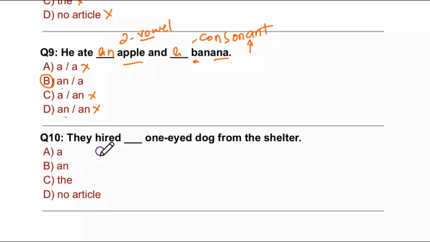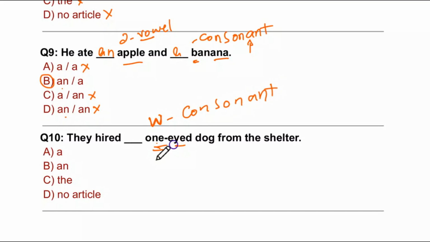Question 10. He hired blank one-eyed dog from the shelter. The key here is one-eyed. Let's ask ourselves, what's the sound of the first letter? It's wa, and wa is a consonant sound.